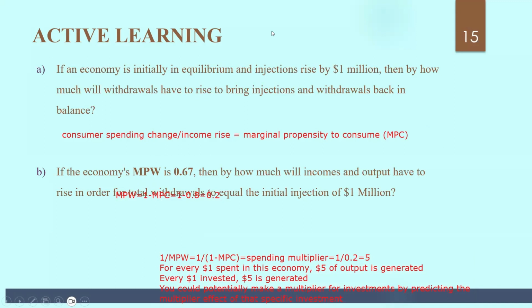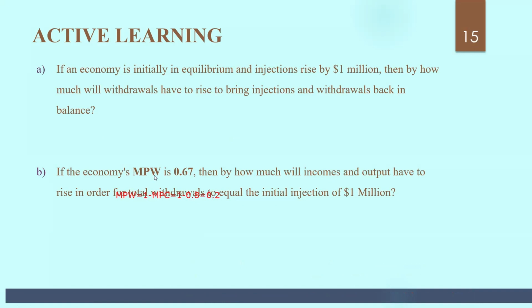And then if an economy is initially in equilibrium and injections rise by $1 million, by how much will withdrawals have to rise to bring injections and withdrawals back into balance?